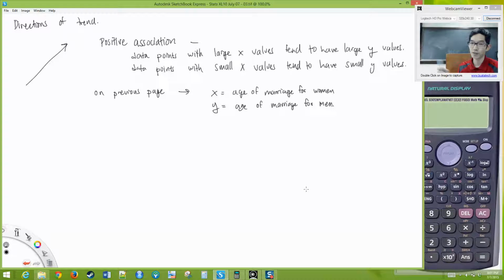If large x goes with large y, then that means large y goes with large x, okay? And if small x goes with small y, then small y goes with small x. Okay, and that would be a positive association. And so that's what we saw with the age of marriage across the states. States where people are getting married later, that's what we have. People getting married younger, that's what we've got, okay?